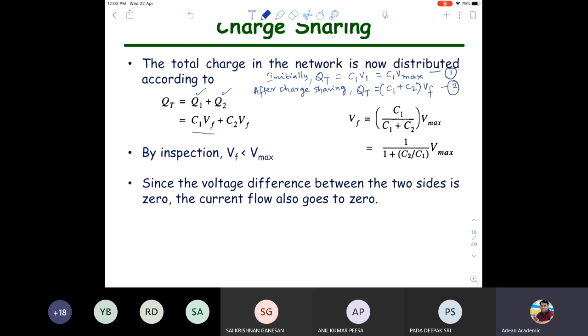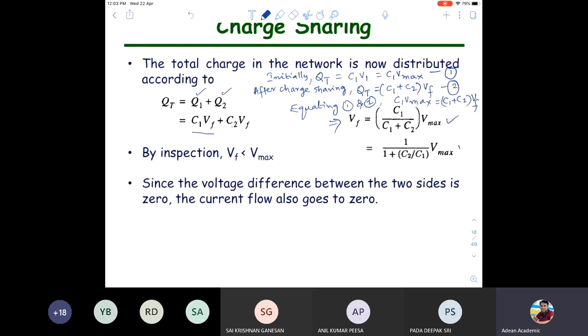This is equation 2. Now equating the total charges of 1 and 2, C1 Vmax is equal to C1 plus C2 into Vf. Then Vf is equal to C1 by C1 plus C2 into Vmax.